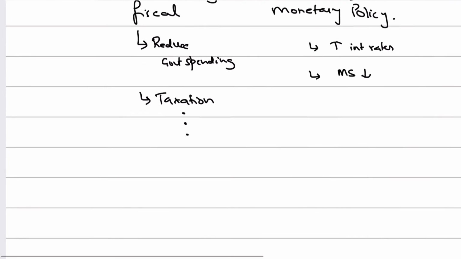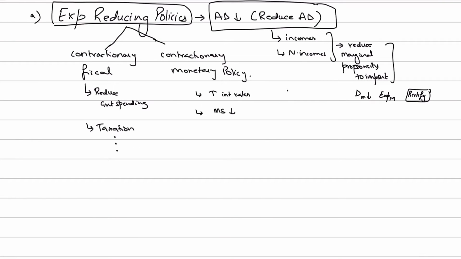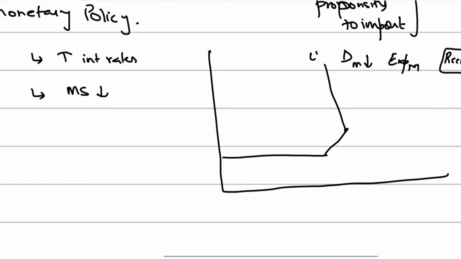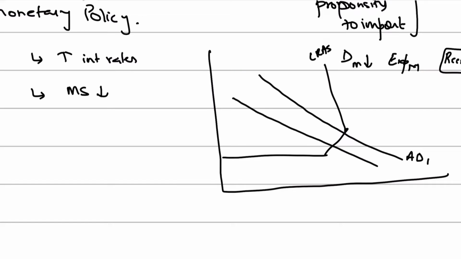So guys, again you can make the diagram here as well, and the diagram would be the same, where you draw your long run aggregate supply, and if this is your aggregate demand in the economy, AD1, and then it falls to AD2, as a result your national income falls from Y1 to Y2. Diagrams are very important.